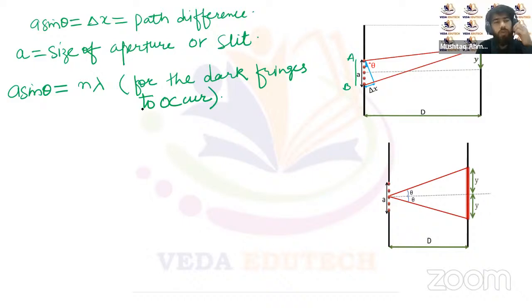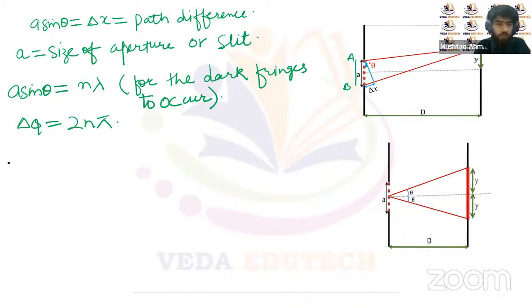Or we can say the phase difference delta phi should be equal to 2n pi. The phase difference between the two waves should be 2n pi for the dark fringe to occur, or we can say the minima to occur on this screen.